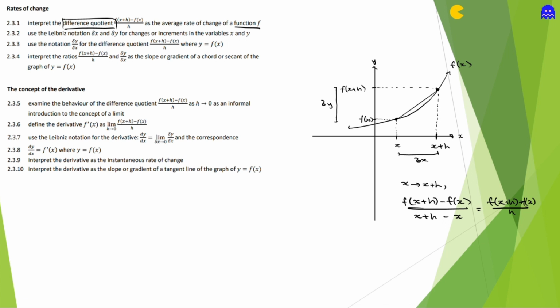And so where Newton's formula involved f(x plus h) minus f(x) over h, Leibniz's formula was more accurately represented as delta y, the change in y or the rise, divided by delta x or the run.